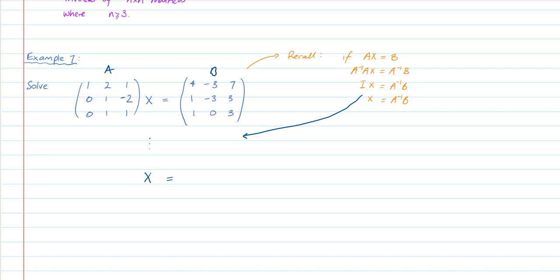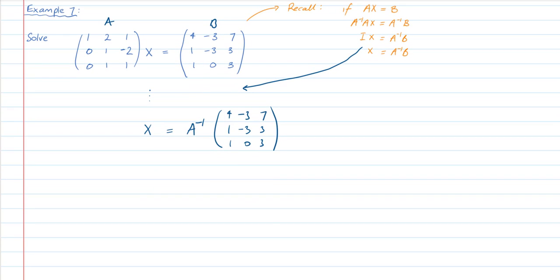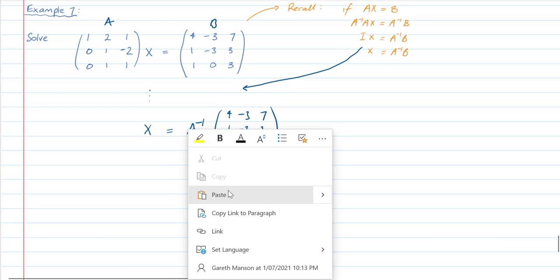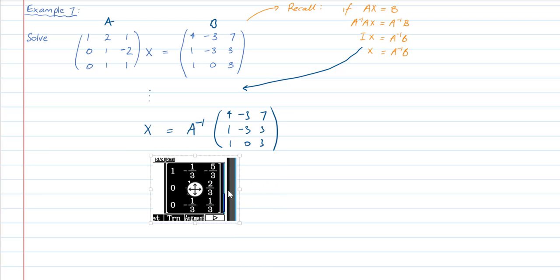X is equal to A inverse times by 4, -3, 7, 1, -3, 3, 1, 0, 3. And of course, our A inverse was this guy here. If I just right click here and paste, that's my calculation for A inverse. So instead of mucking around now, it would just be times by this.